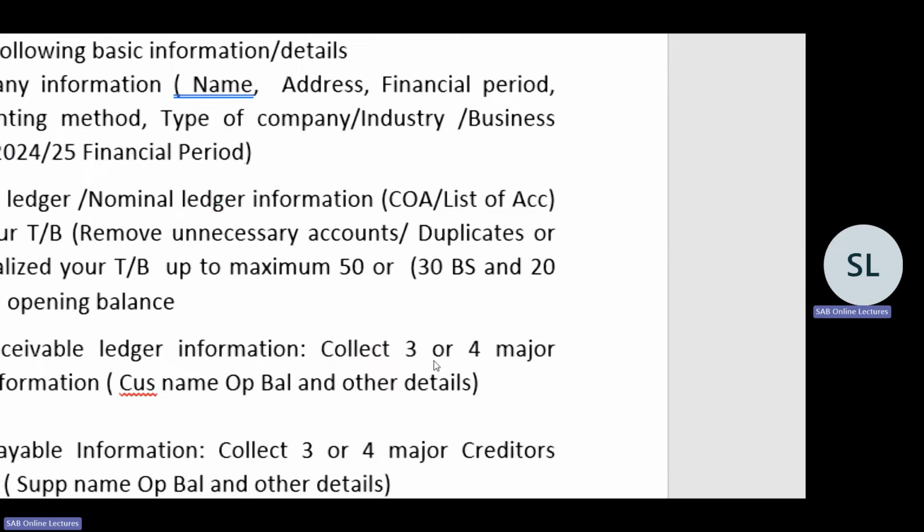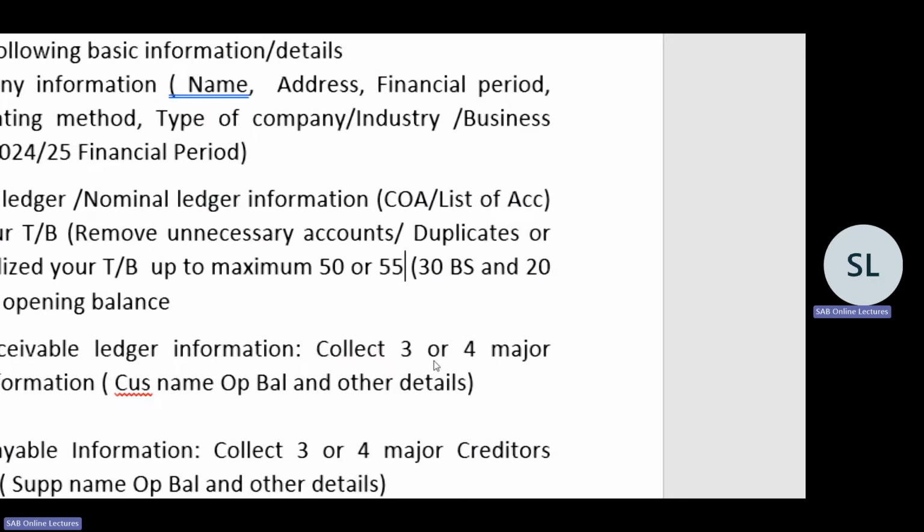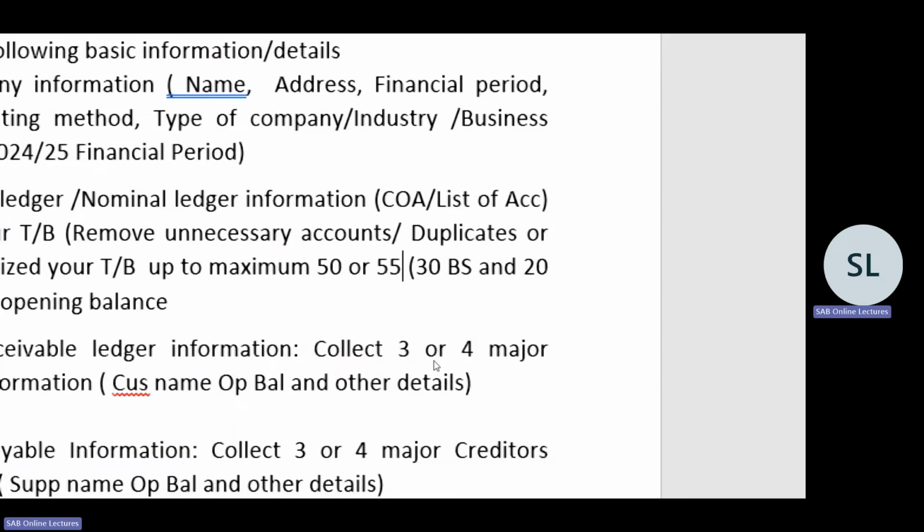Full-time students are given a little more because they have enough time; part-timers have no more time. Actually 50 is enough: 30 balance sheet items and 20 P&L items. That's enough. Got this point? Under balance sheet items: asset, liability, and equity. Under P&L items: income, expense, cost of sales, and other income and expenses.